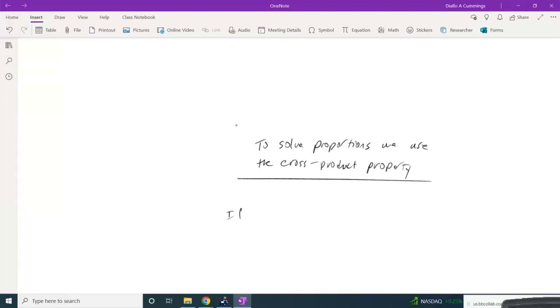So a proportion is just two fractions set equal to each other. So the cross product property says if A over B is equal to C over D, so that's two fractions set equal to each other, then we can cross multiply.